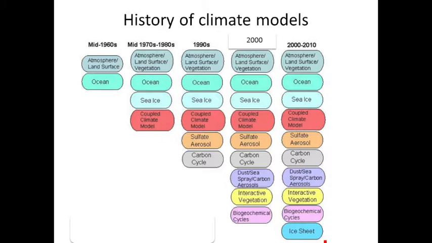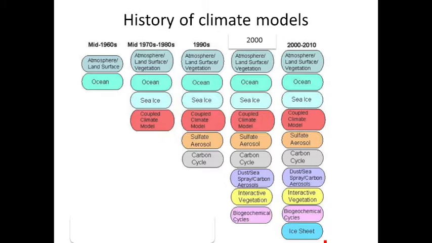And then there is this dust and sea spray and carbon aerosols coming from the carbon. And dust, that we know, for example, in Australia and in North Africa, there are lots of dust being released in the atmosphere. And this dust also has some influence on the radiation.